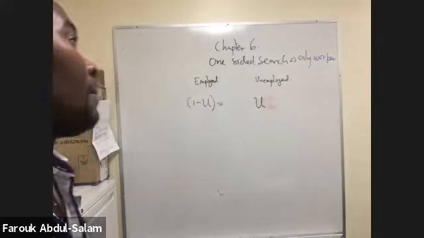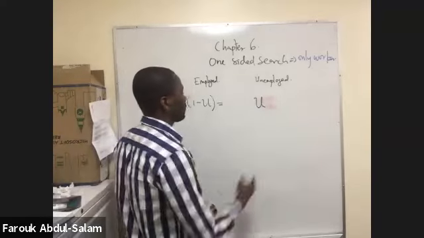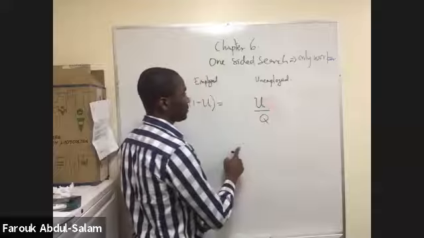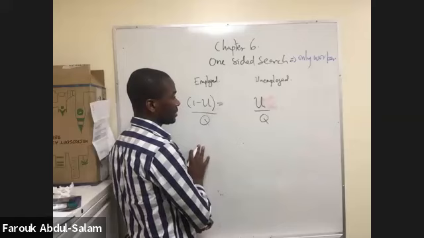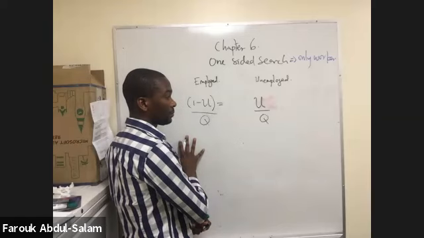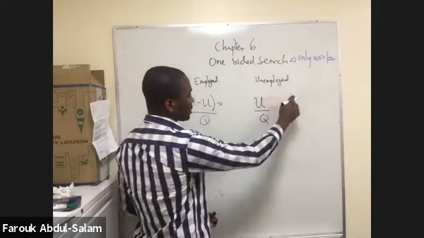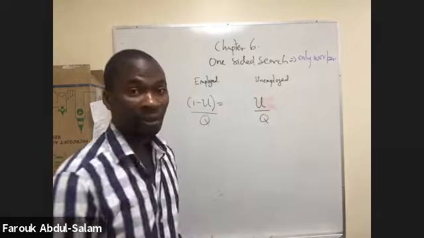They're saying they thought that U over Q is the rate. It's the same idea here. This over Q is the unemployment rate, correct? This over Q is the number of employed. So when you multiply them by Q, the Q goes away. U equals unemployed people and Q equals total labor force.